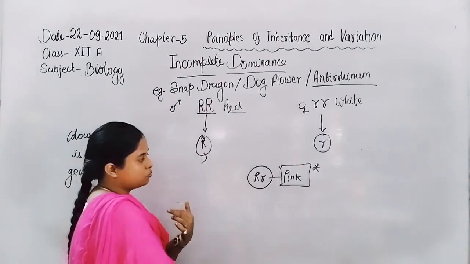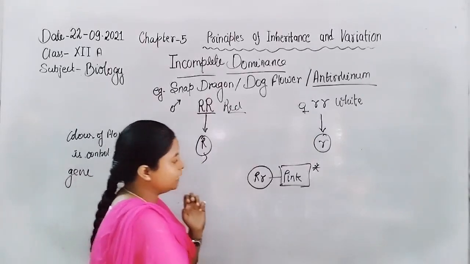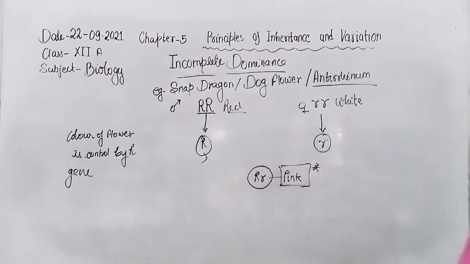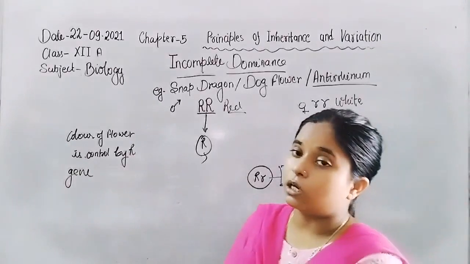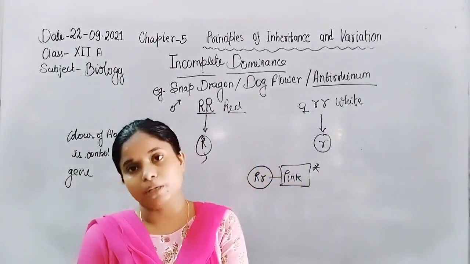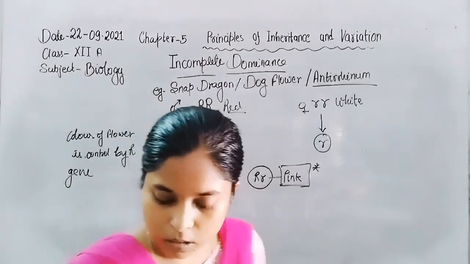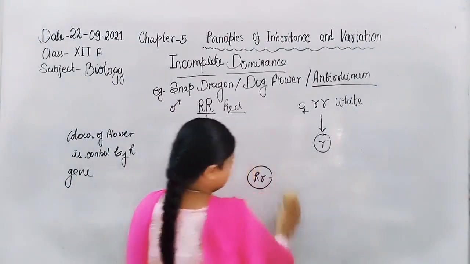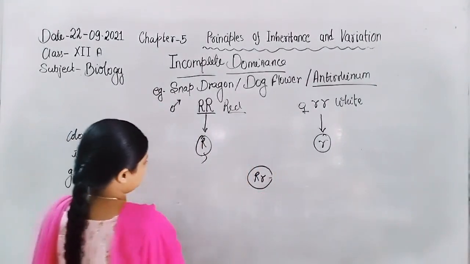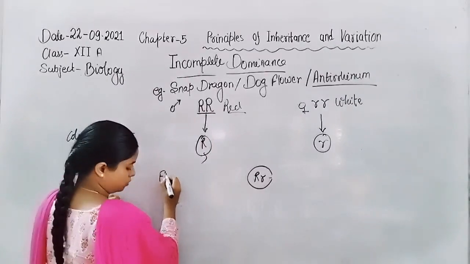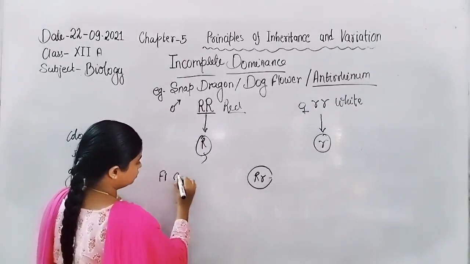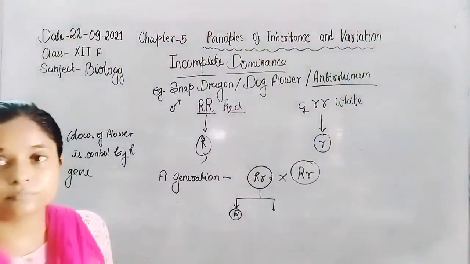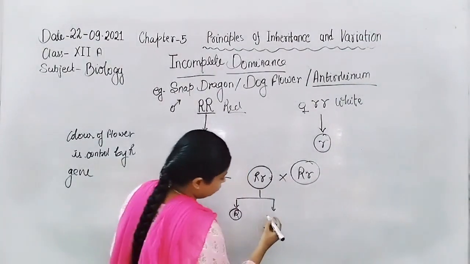Now, just like Mendel, when self-pollination occurs in the plant, what happens? In self-pollination in such a plant, reappearance of the parental characters is observed. Now let us discuss self-pollination. Here are the plants or offspring of the F1 generation, one with capital R and one with small r.